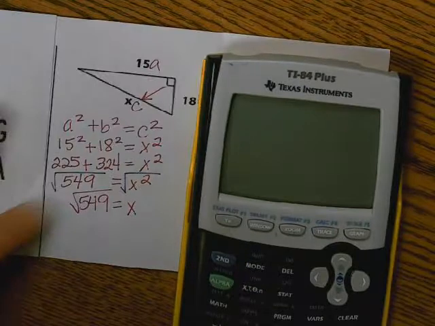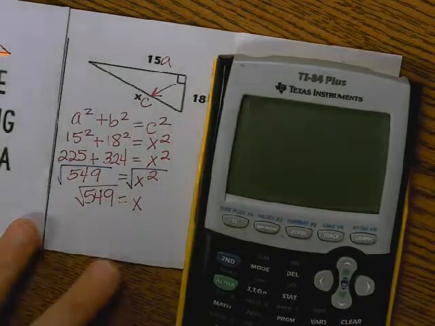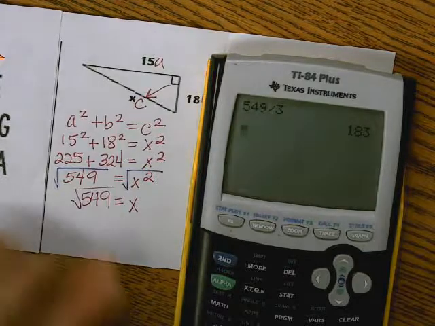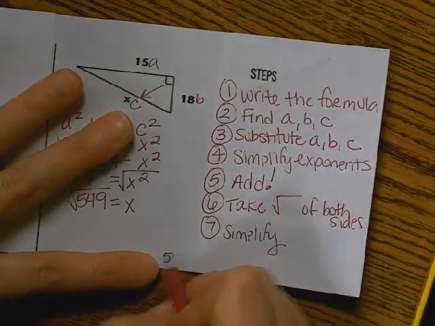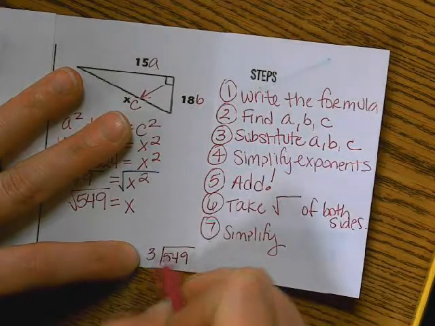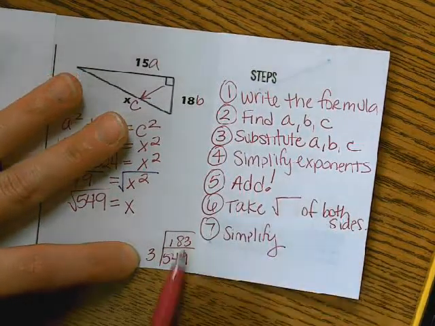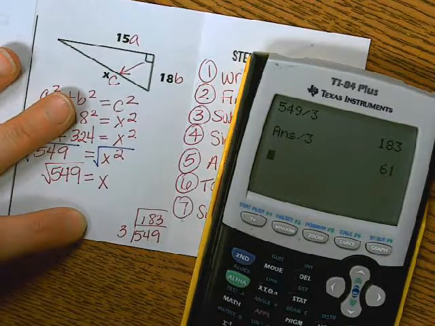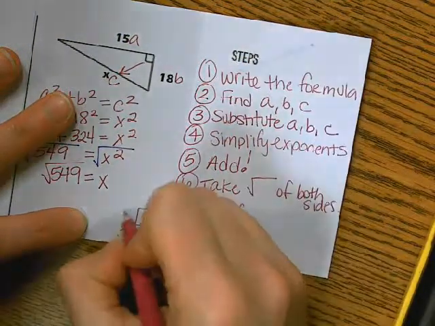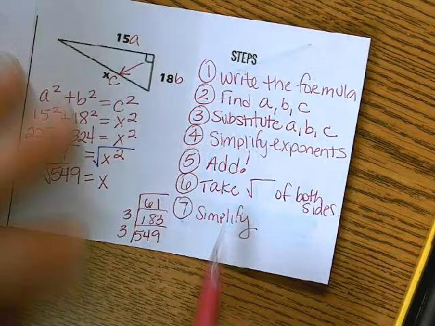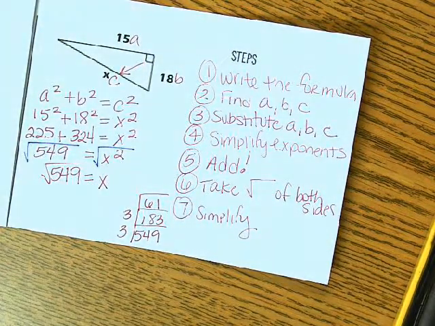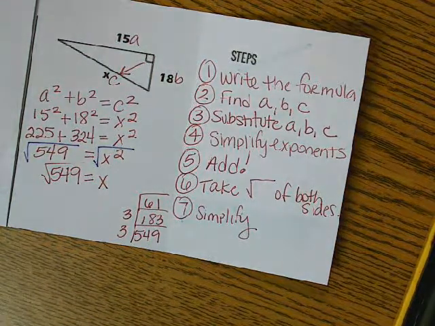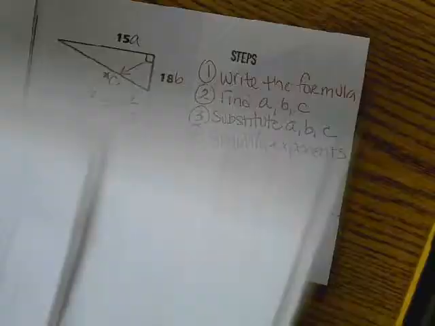So let's see, 549, I'm going to start by dividing by 3 since it's not even. It comes out even, so here we go. 549 divided by 3 is 183. Now it's not even again, so I'm going to go ahead and try to divide by 3. I get 61. 61, is that a number on my list of prime numbers?